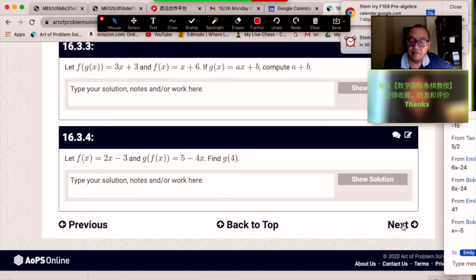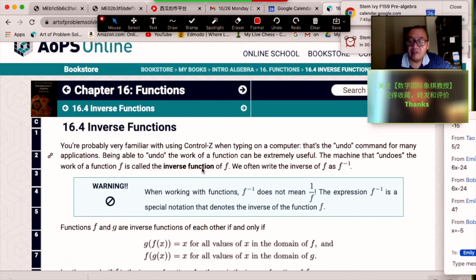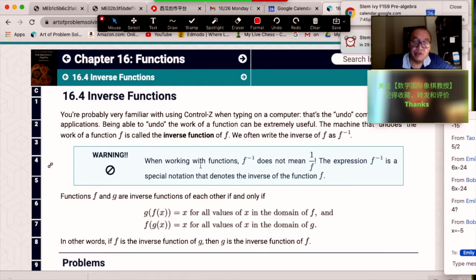Next section, inverse function. Now let's say inverse function: you change the variables x and y, change the position of x and y. Suppose we have the function y equals 2x minus 1.